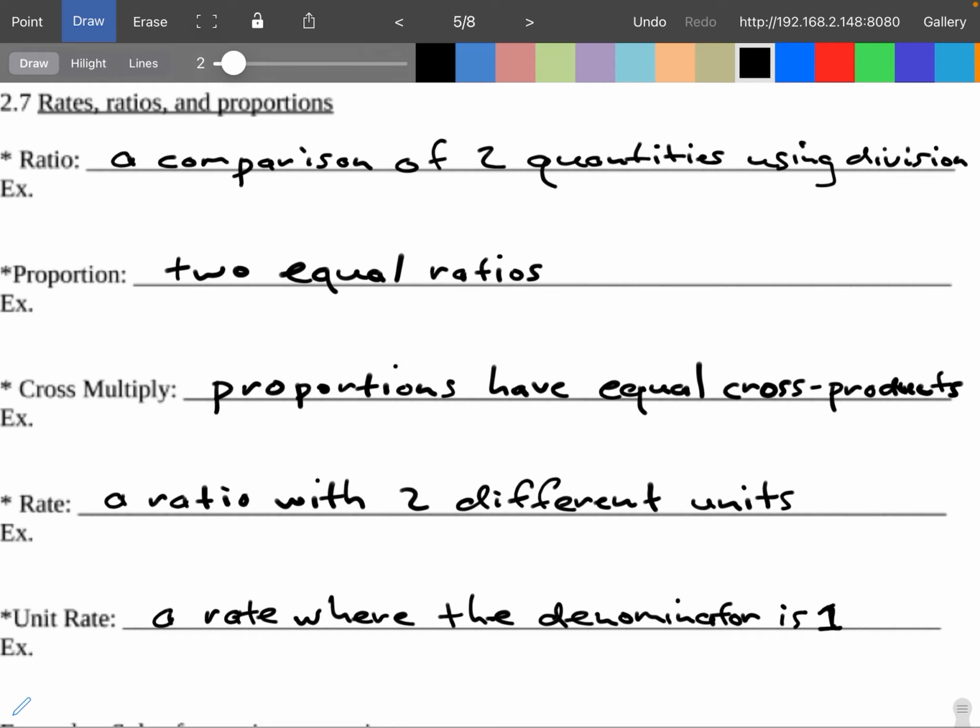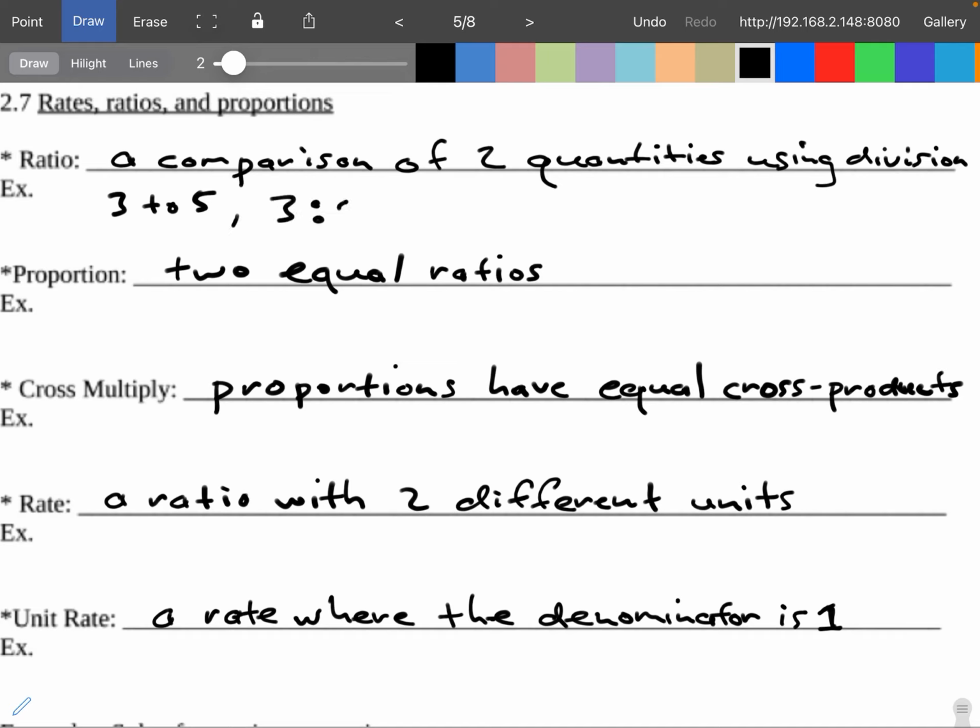You guys good? Now I'm going to go back in here and I'm going to fill in an example of each of these things. So the first one was ratio. Again, that's just a fraction. But a lot of times you'll see it written like, sometimes they'll write it like 3 to 5.